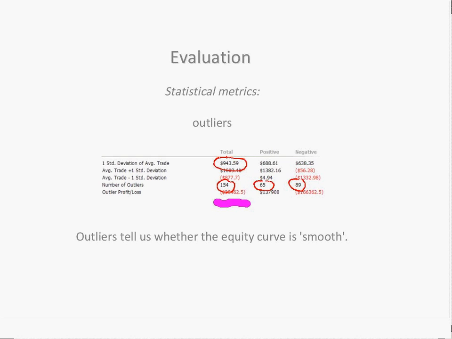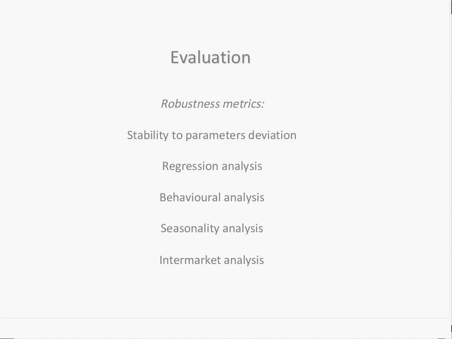So let's give some information about the smoothness of the equity curve. Instead of just discussing the visual representation, we have some metrics on how to measure the smoothness of the equity curve. There are also many more metrics that relate to robustness of the trading strategy, that is, stability through parameter deviation, for example.